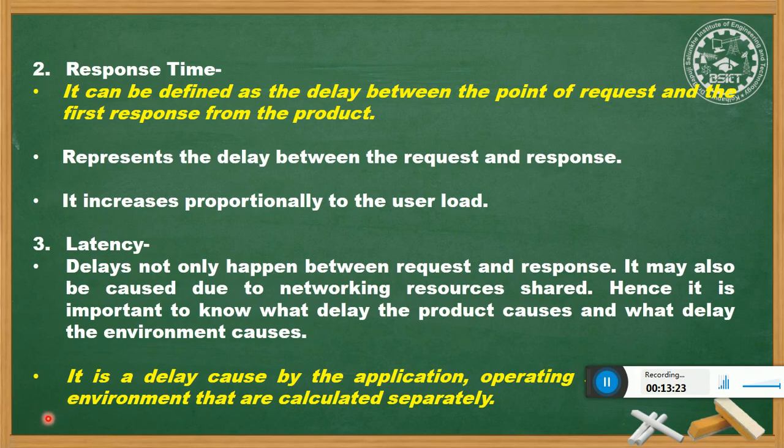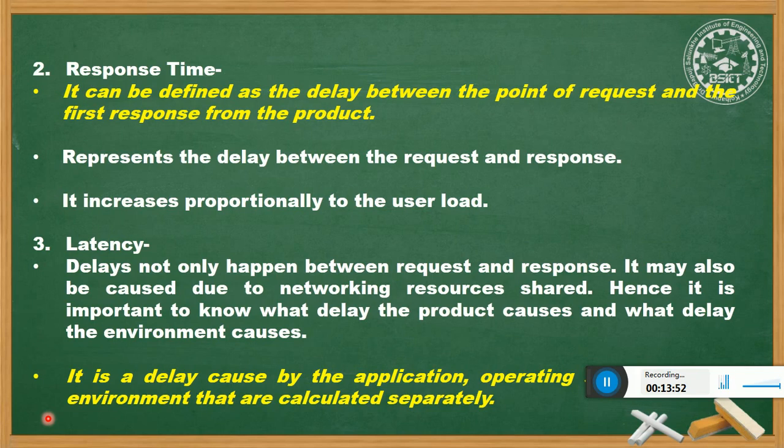Now let's see the third factor, latency. As we saw, response time is the delay between the point of request and the first response from the product. There we saw the term delay.